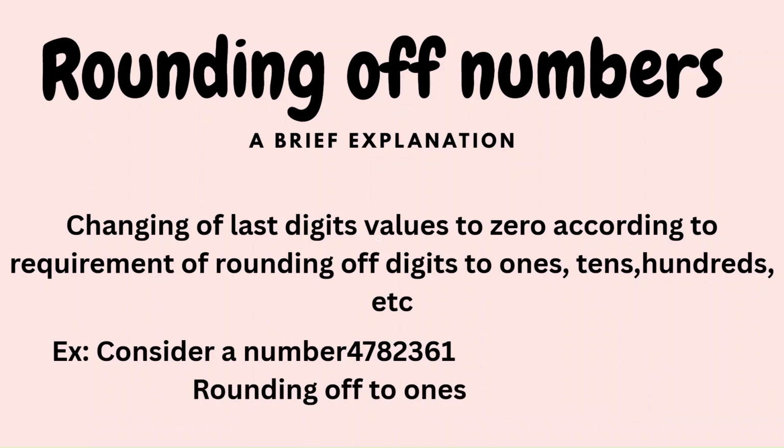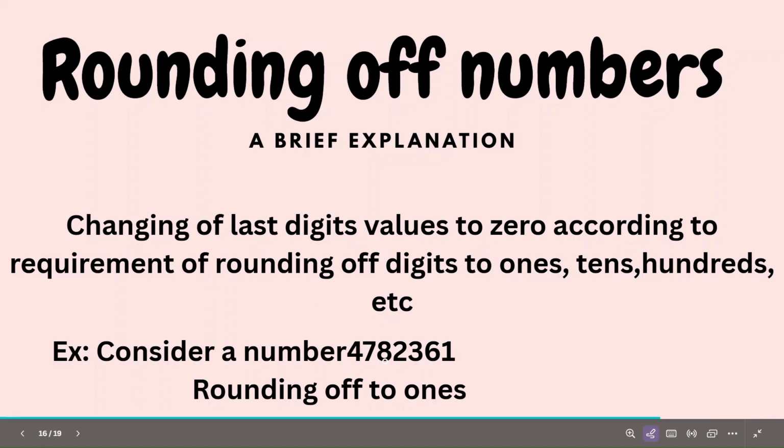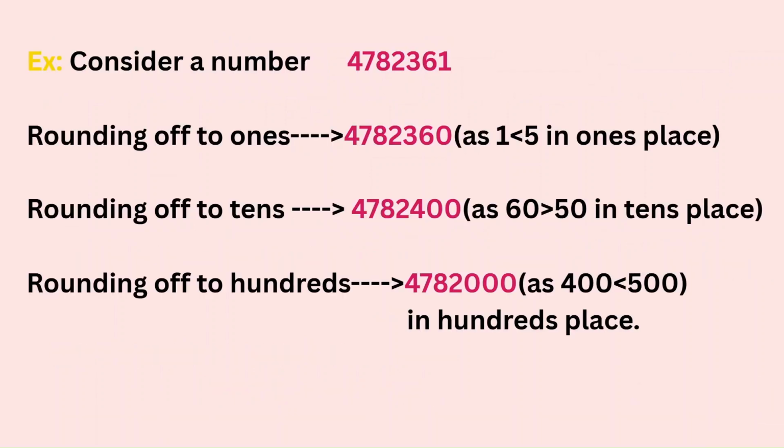Rounding means changing the last digit's value to 0 according to the requirement of rounding the digits to ones, tens, hundreds, etc. For example, consider the number 478231. First we will see rounding off to ones.